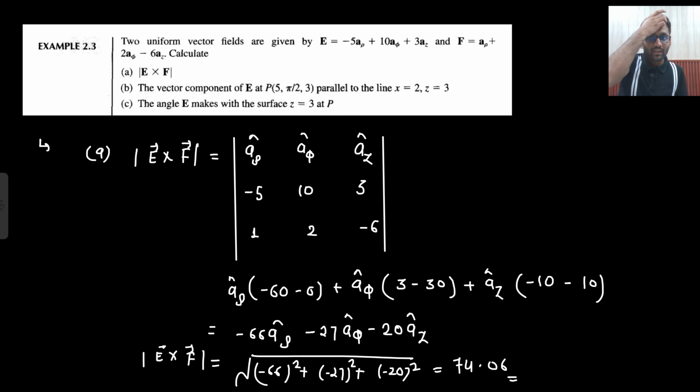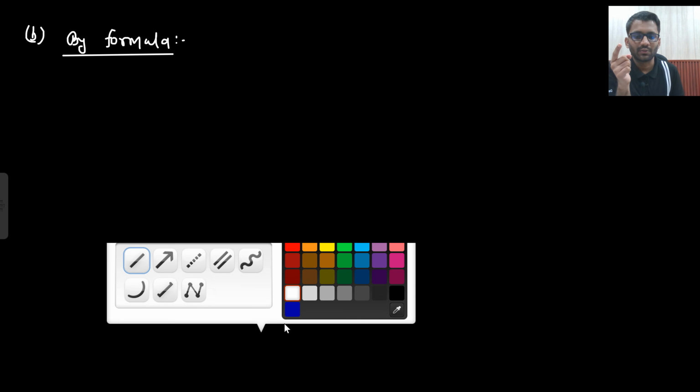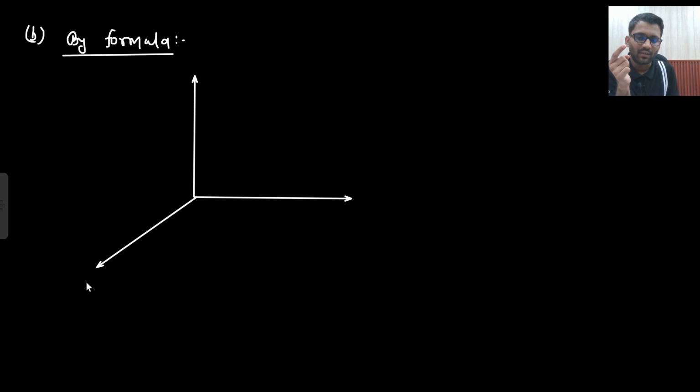So what I need to find? The vector component of vector field E at this given point parallel to the line x equals to 2 and z equals to 3. So that line will be parallel to y axis. I hope you know it because we have already drawn the geometry. Right? You should be able to remember these things.